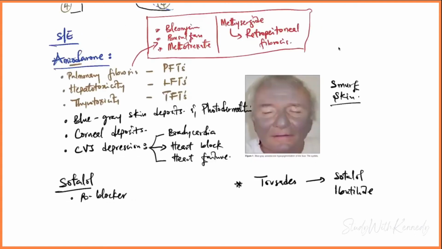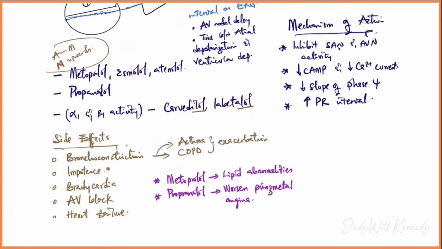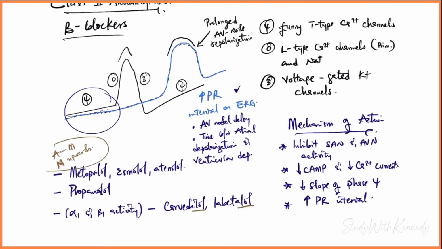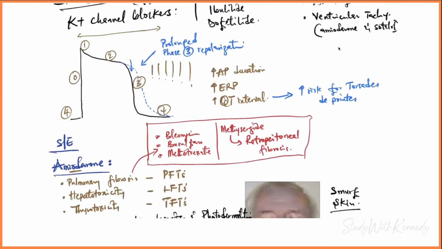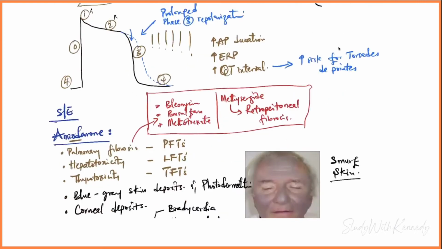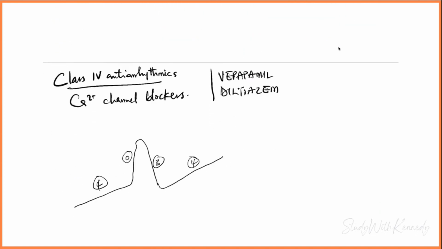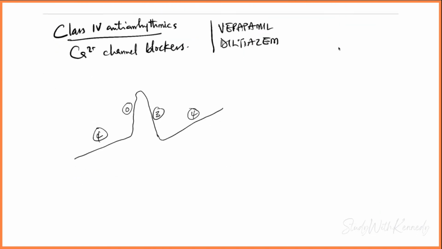I hope you remember that from previous lectures. We had said previously that phase 1 and 2 that you had with your myocardial action potential, we are missing here. All right, so that is class 4 antiarrhythmic medications.